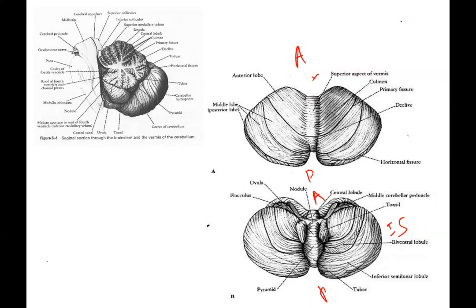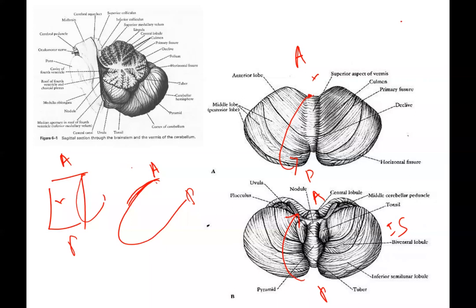This is the posterior end. You fold this paper like this. So it would be like this now. This is the anterior end, this is the posterior end of the paper. This is the superior surface. This is the inferior surface. So you have the cerebellum like this.